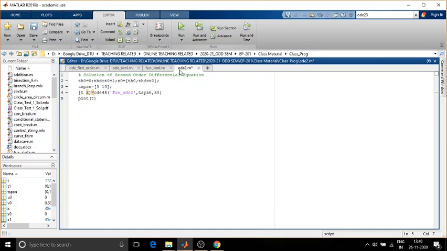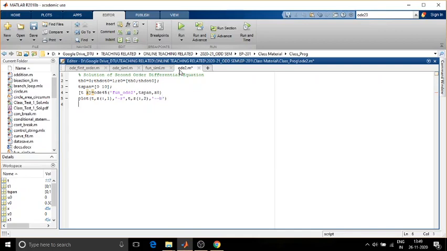Here t versus theta, so I'm writing the name, this one, and suppose you want it in a solid line with the red color, and then you want t versus theta dot, which is the velocity. You can say theta dot, and this is stored in the second column, and you want it in a dashed line, blue color.